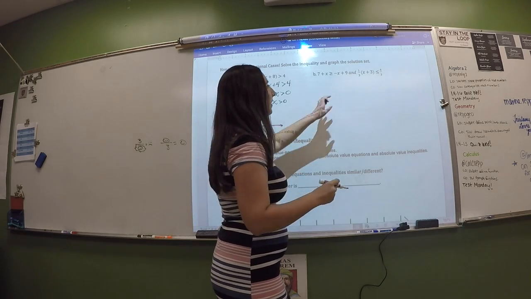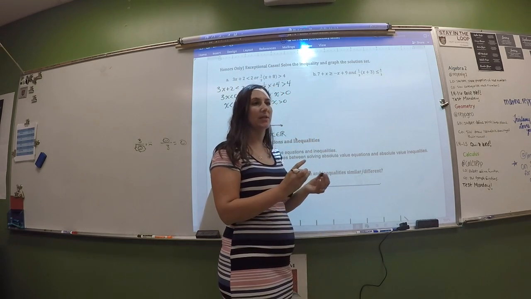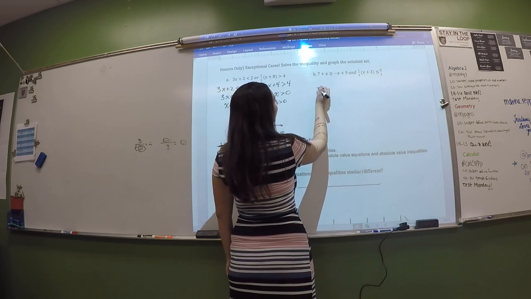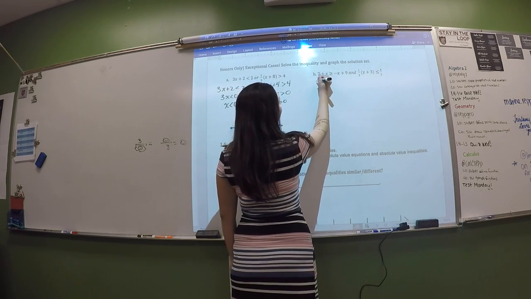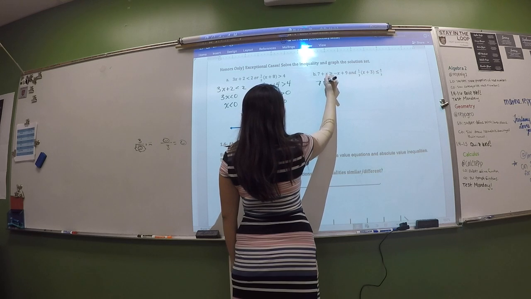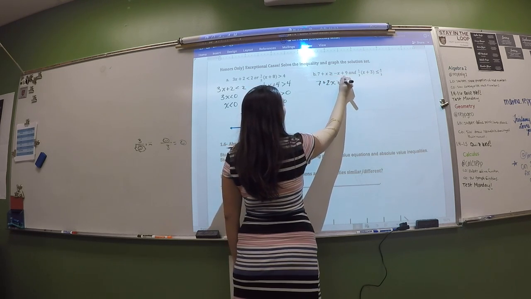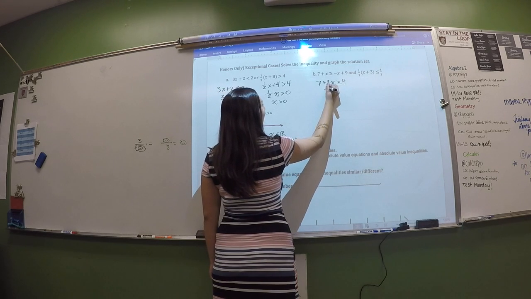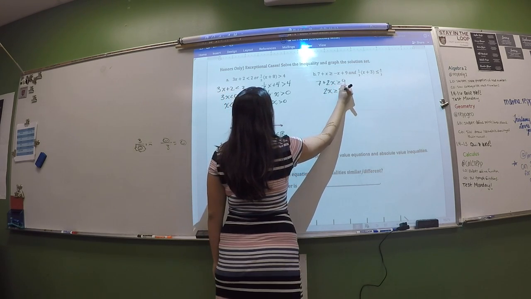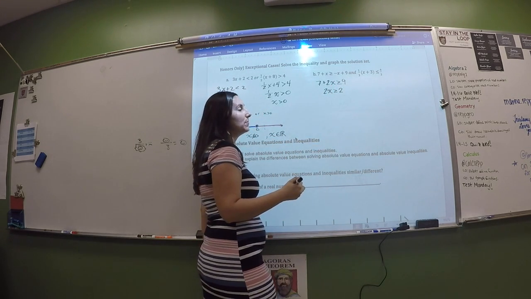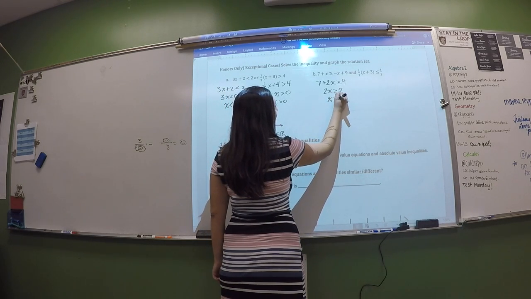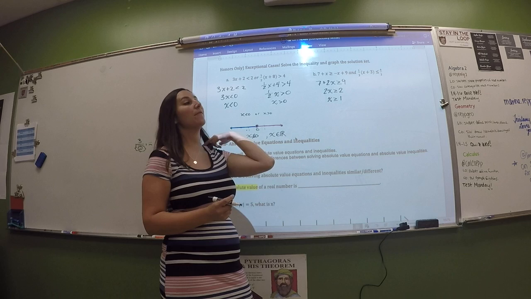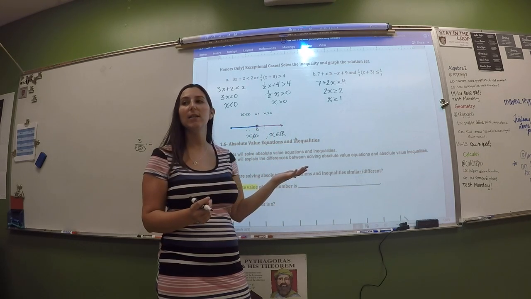All right, so for this one, we have an and in between, so we're going to answer each one separately. We're going to put an and in between our answers at the end. So I can add x to the side, so I get 7 plus 2x is greater than or equal to 9. Subtract 7, so 2x is greater than or equal to 2, and then divide. I get x is greater than or equal to 1. So that's my solution set for the first inequality.